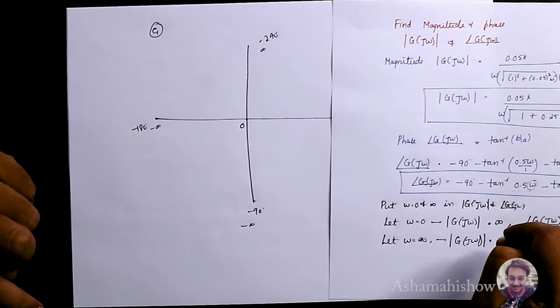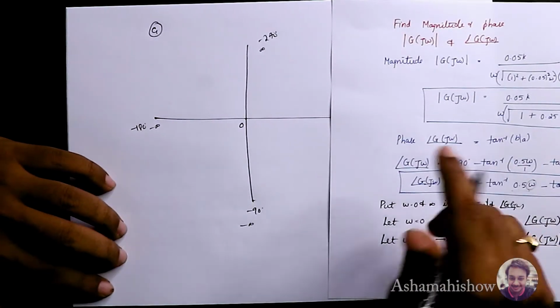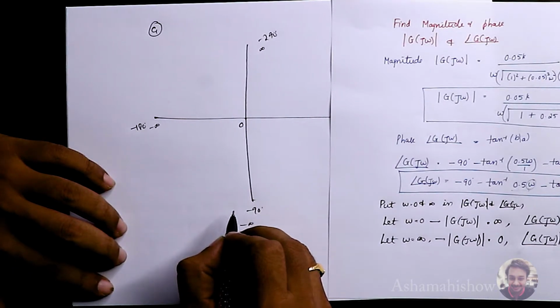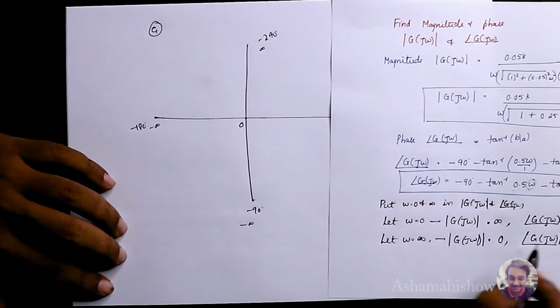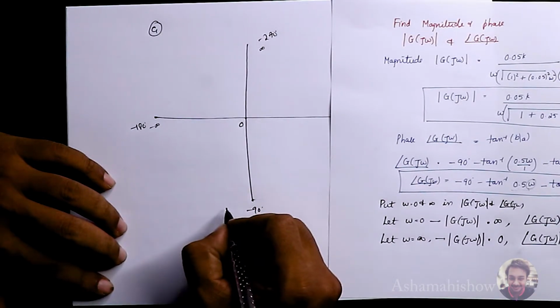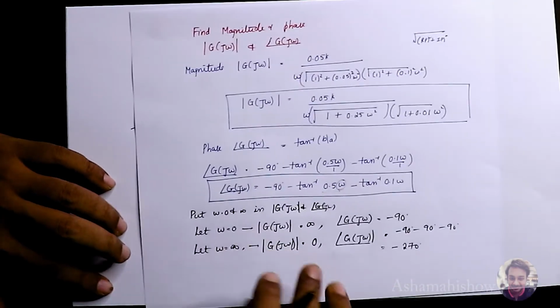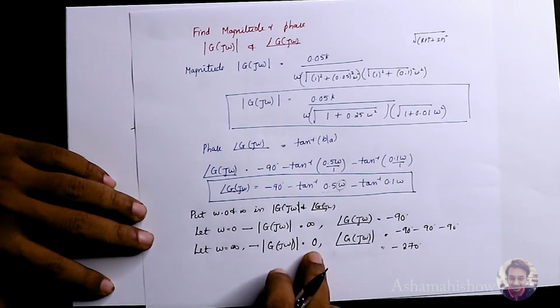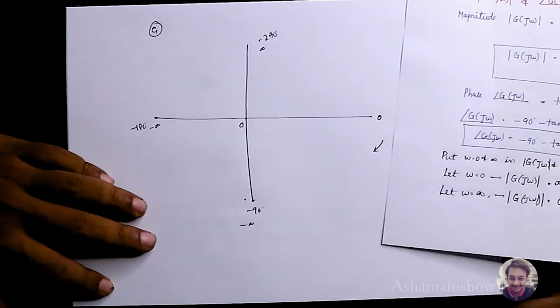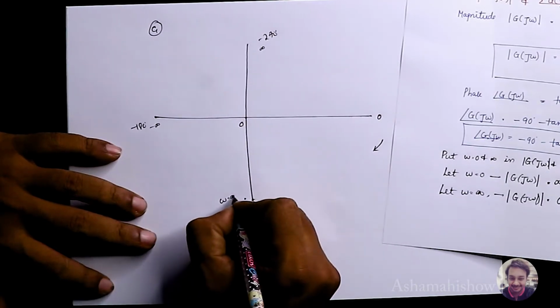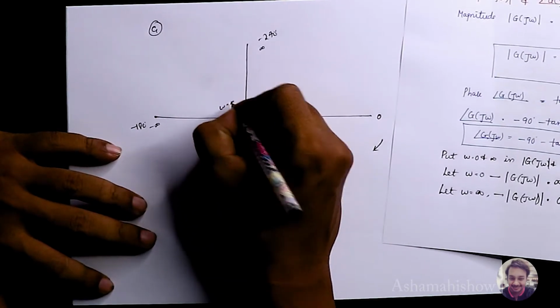If your omega equals 0, your magnitude is infinity and your angle is minus 90, so definitely it will be here. Your plot starts from here, and for omega infinity, the magnitude becomes 0.